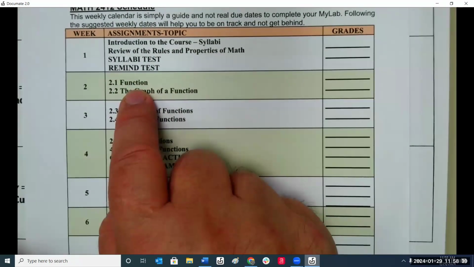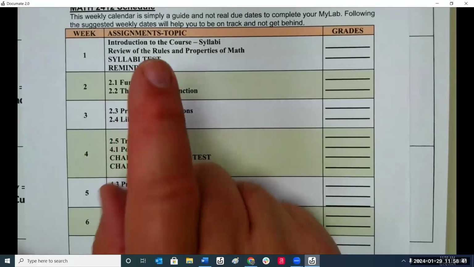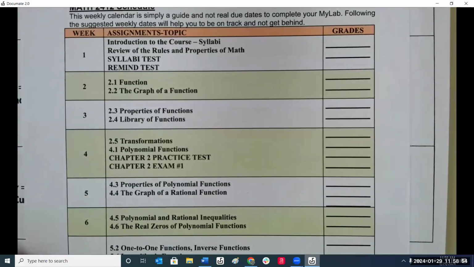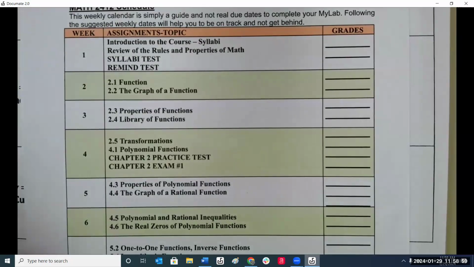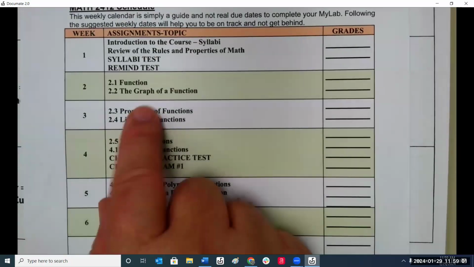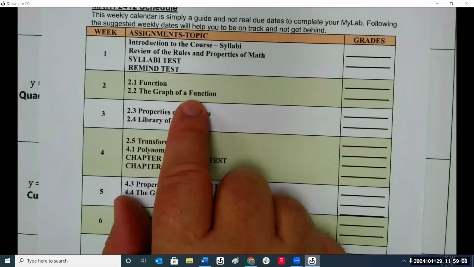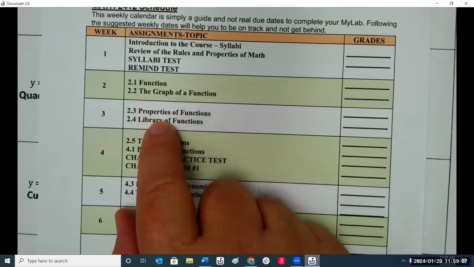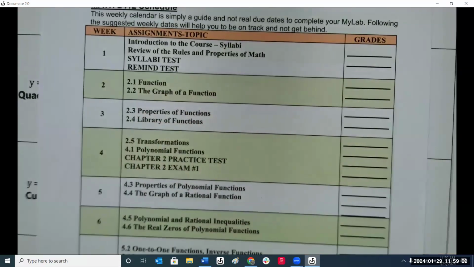Functions. We talked about functions. What's another way of writing a function? What is that equal to? f of x is equal to what? y. f of x equals y. y equals some function of x, some equation. The graphs of a function, and the properties of functions, all 3 of these go together.